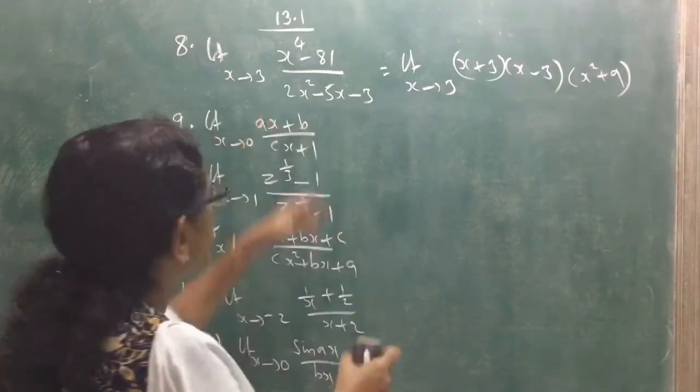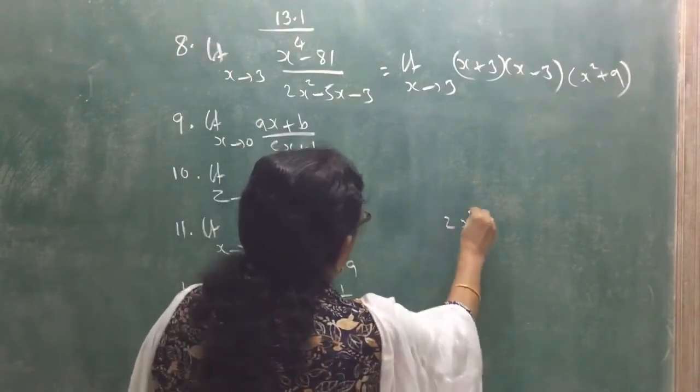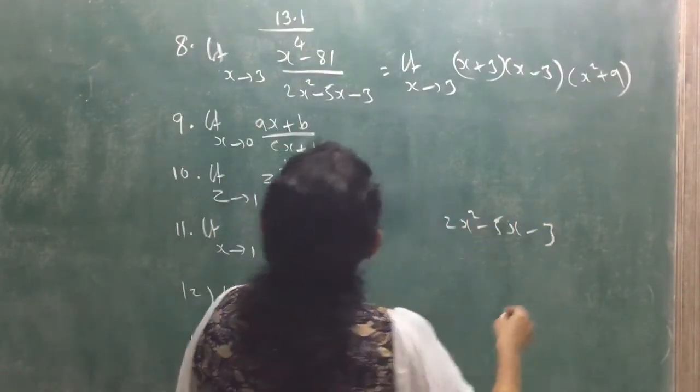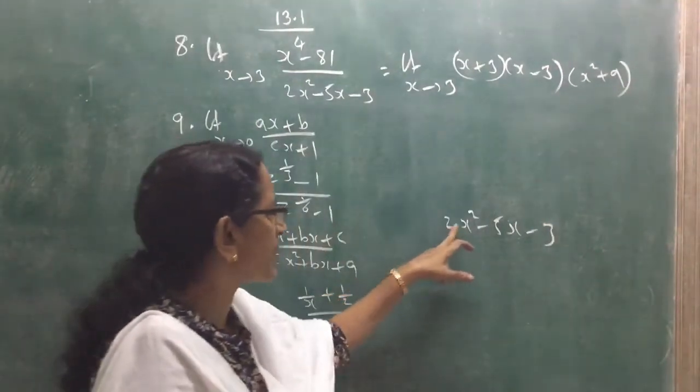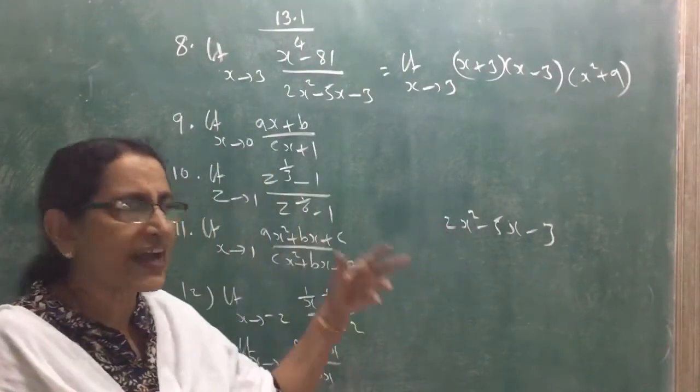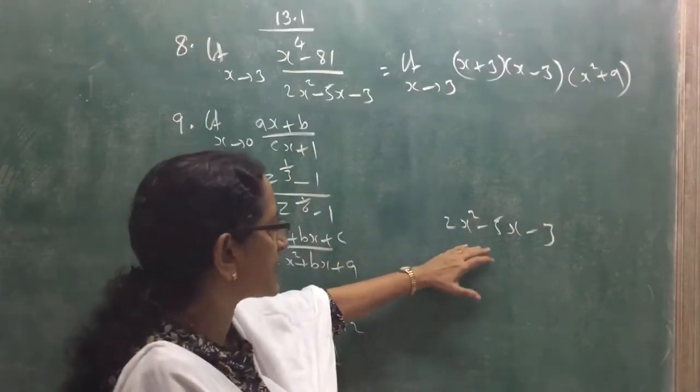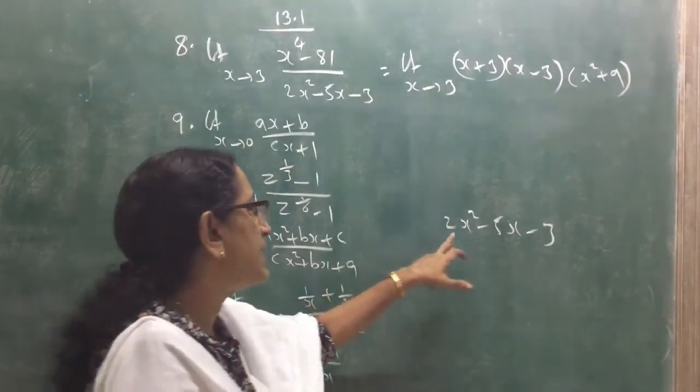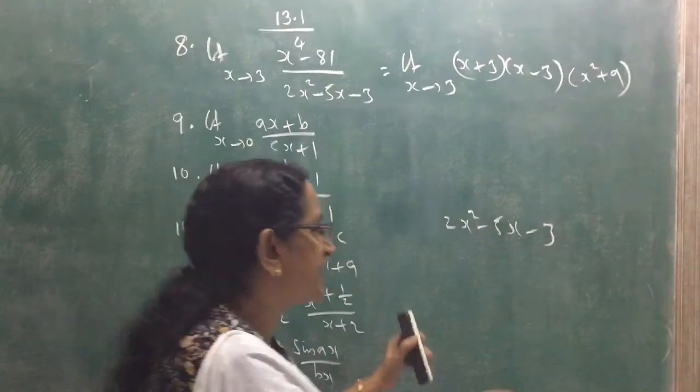So denominator is 2x square minus 5x minus 3. Now here also, see, the coefficient of x square is not 1, it is 2. So in that case we have to factorize by splitting the middle term. So 2 into negative 3, that is negative 6.